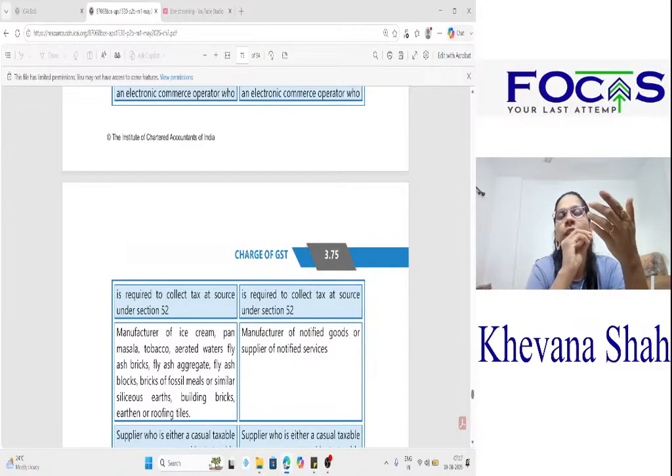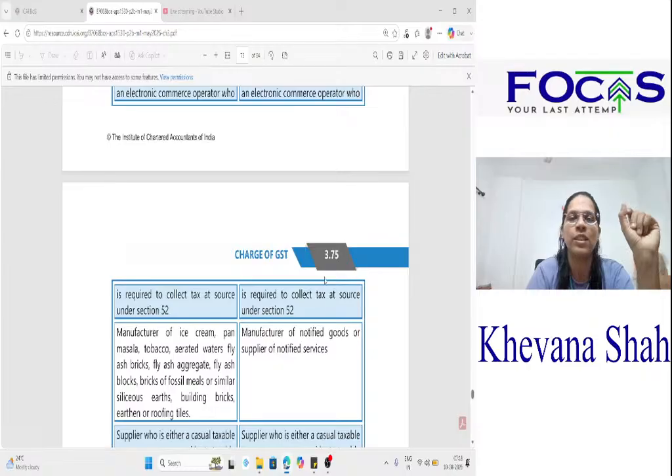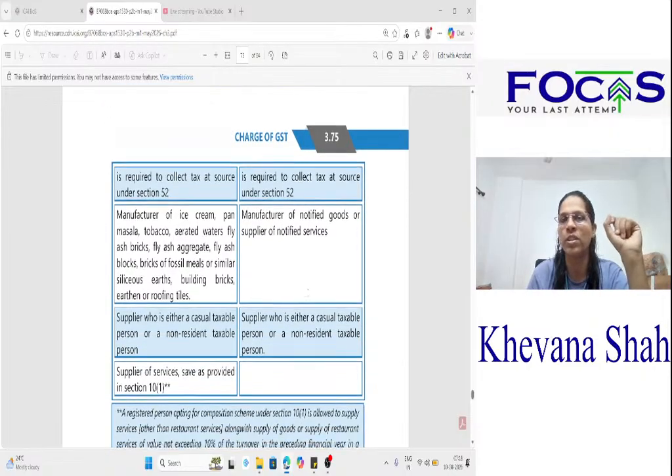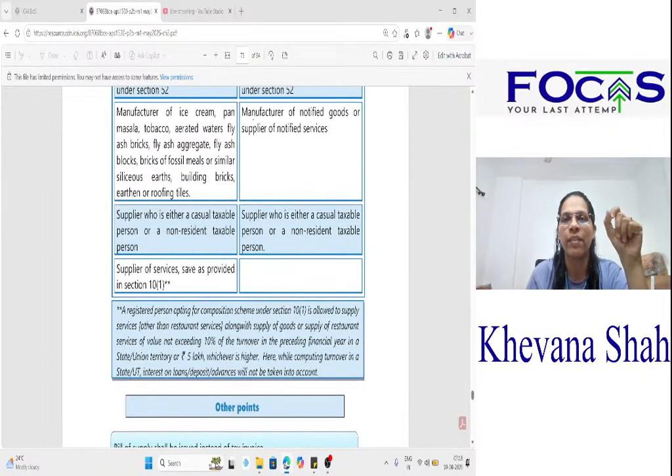So whether it is a composition scheme under section 10(1) or under section 10(2)A, if you are supplying through an e-commerce operator, that is an ECO, who is required to collect the tax under section 52, that is, deduct TDS under section 52, then you will again be ineligible to opt for the composition scheme.